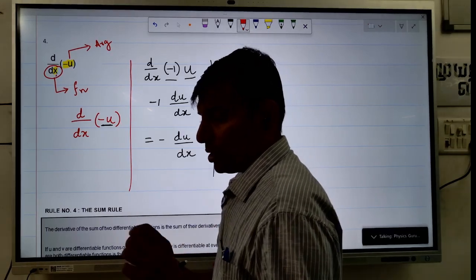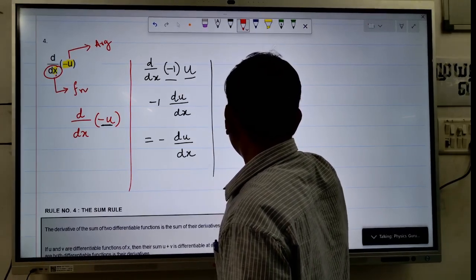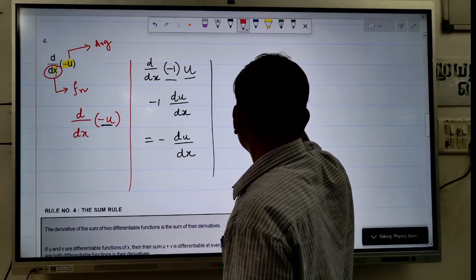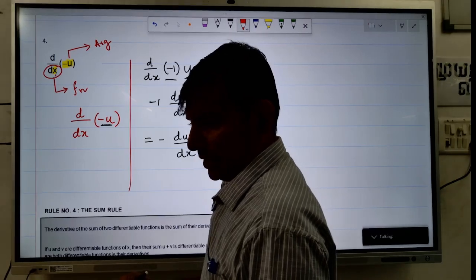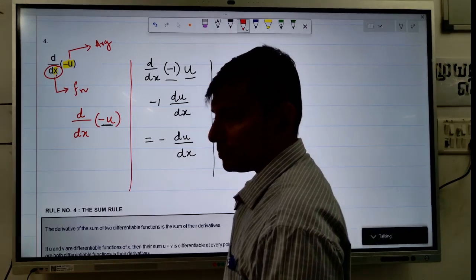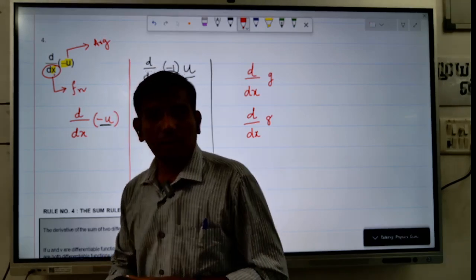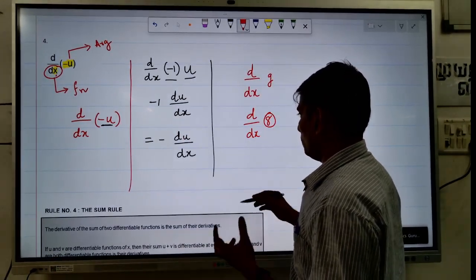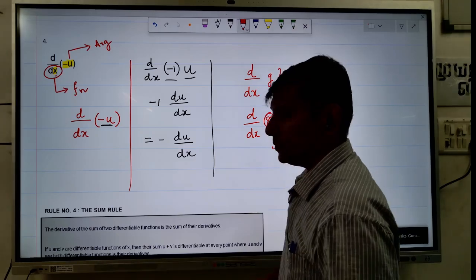Suppose a constant stays alone. See, watch this. d by dx of acceleration due to gravity, d by dx of some number. Okay? So whenever d by dx of some constant stays alone, then this entire value turns out to be 0.